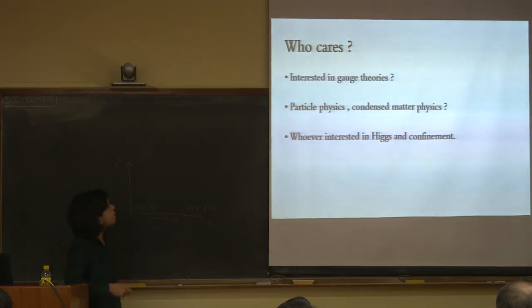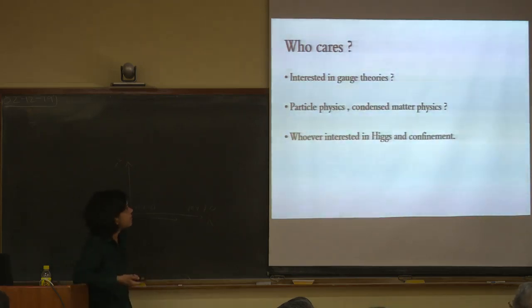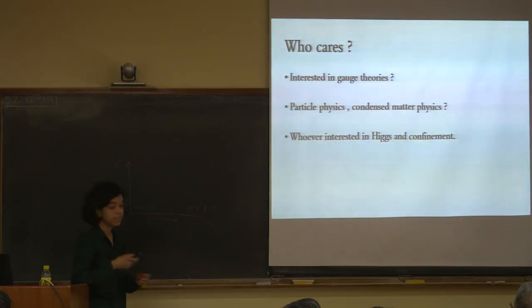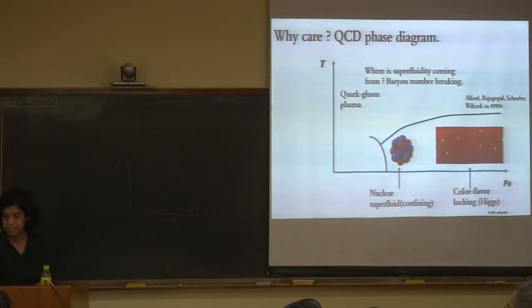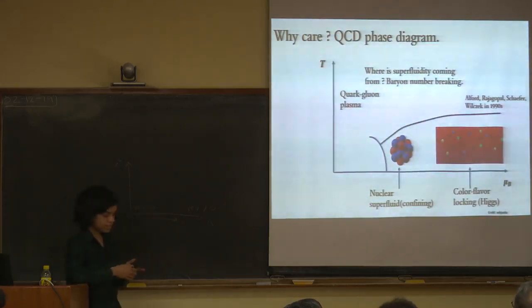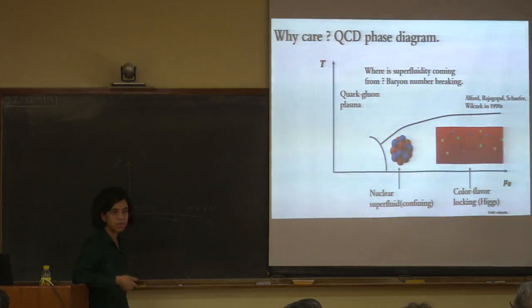So who cares? If you're interested in gauge theories, particle physicists, condensed matter physicists, whoever is interested in Higgs and confinement should be interested in this. Now, this is about how I got into thinking about this question. It comes from the fact that I was thinking about the QCD phase diagram, okay? So what is the QCD phase diagram?